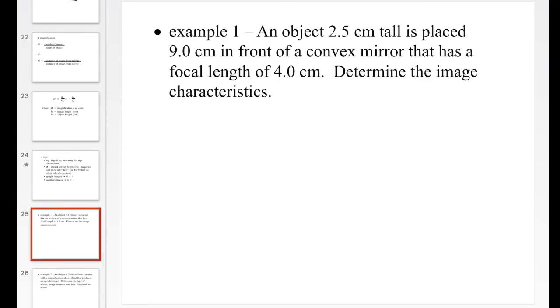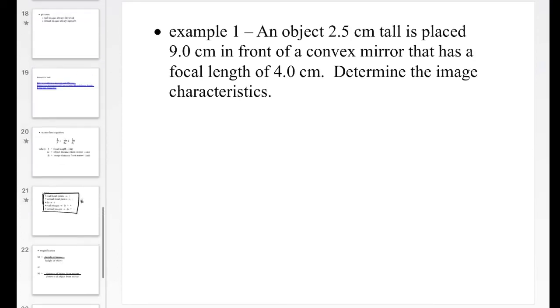So let's just go over an example really quickly using these new equations. Okay, so we have an object that's 2.5 centimeters tall, placed 9 centimeters in front of a convex mirror that has a focal length of 4 centimeters. So what was the convex mirror again?